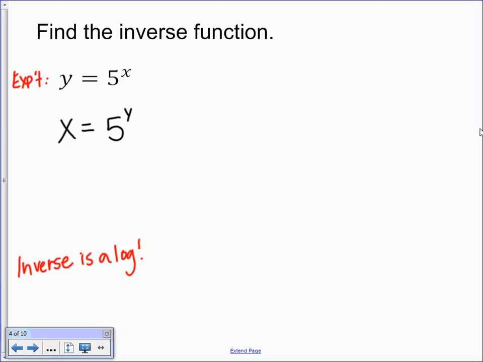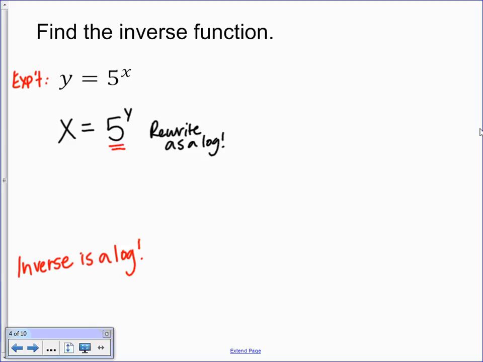Okay, so at this step, we're going to rewrite as a log. When we rewrite it as a log, what will our base be? Log base. Which value here is the base to the exponent? 5.